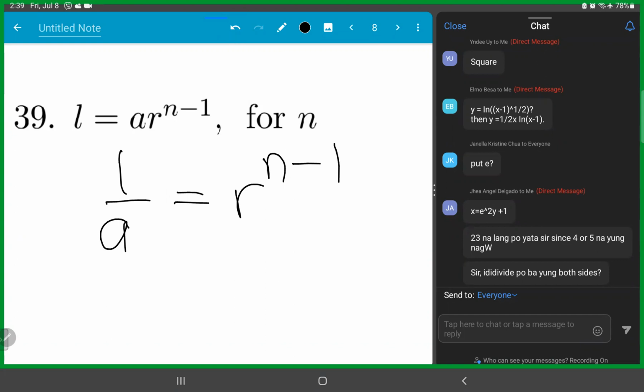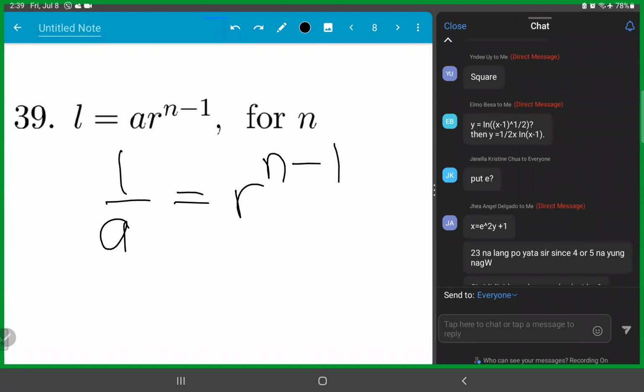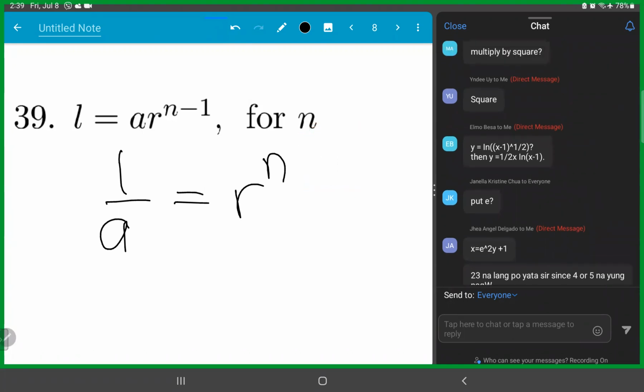At pag tinignan mo tong next equation, mas madali nang makuha si n. Kumbaga, wala nang nakaharang sa mata mo. So, nakafocus ka na lang dun sa n. Ito ang tanong, paano natin ibababa si n? Siguro, kung r to the n yan, madali mong gagawin, ano?